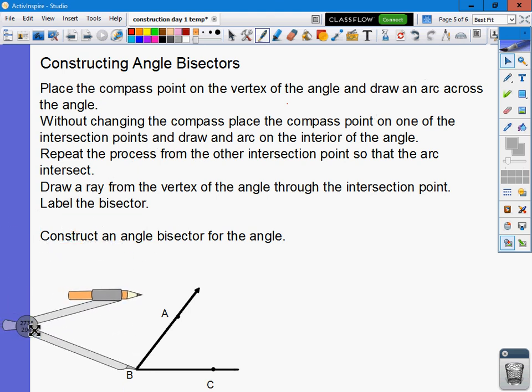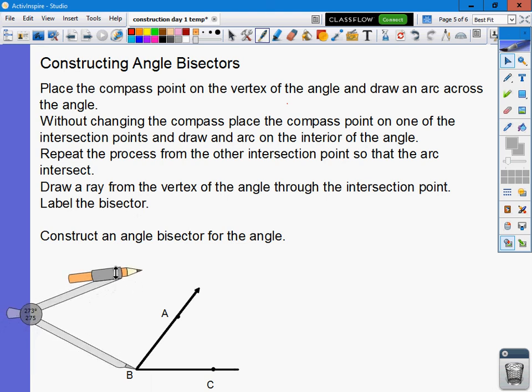So I'm going to slide my compass over so that the point of my compass is sitting right on B. And I'm going to draw an arc that crosses this angle. It's got to go through both ray BA and ray BC. It doesn't really matter where it crosses it. I'm going to purposely make it so that it doesn't go through A or C.